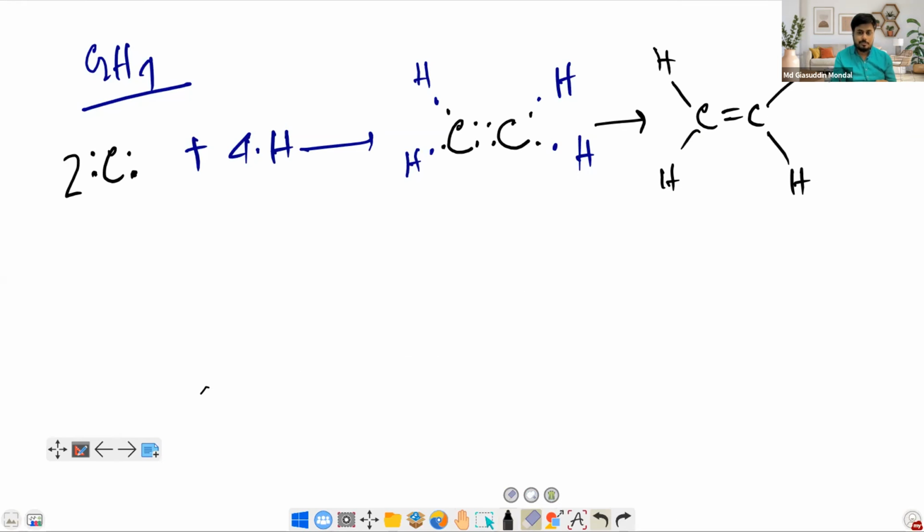Now, in case of C2H4, it's a little bit complex for you. Just let me draw it again. Okay, I'm circling. Let me do another compound first so that it becomes understood, and then on the next page I'll do that. So in case of C2H2, I'm doing it first.